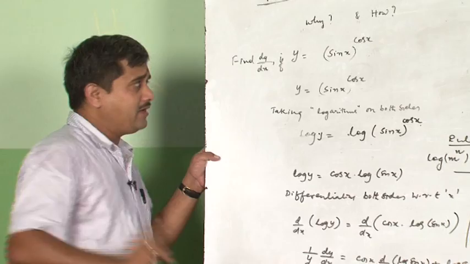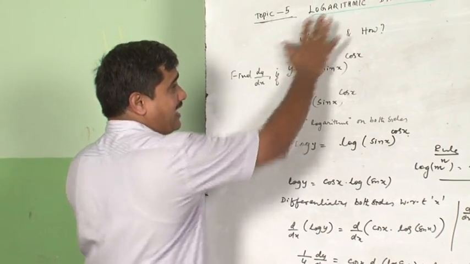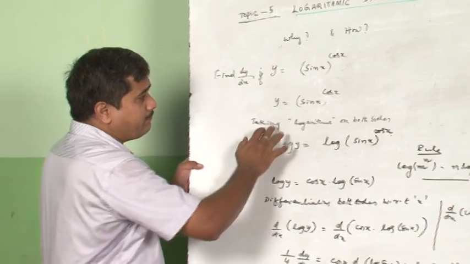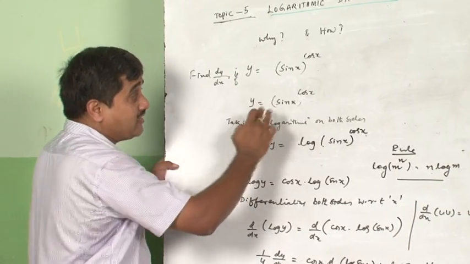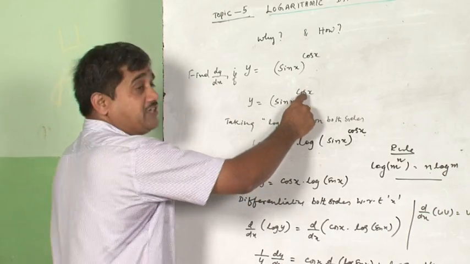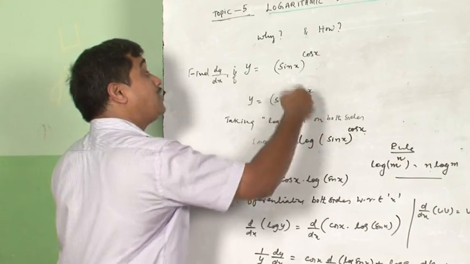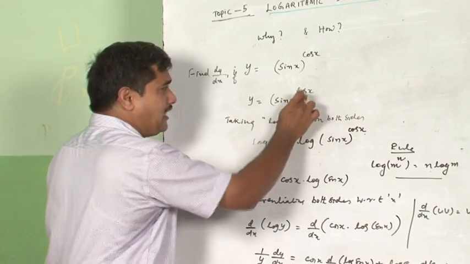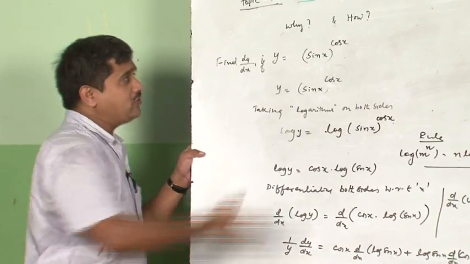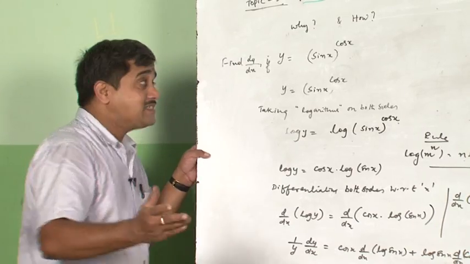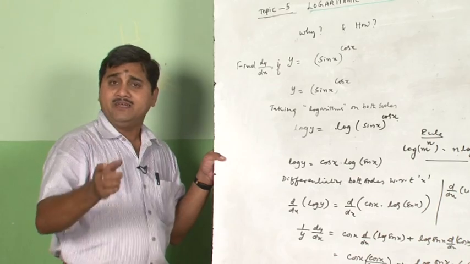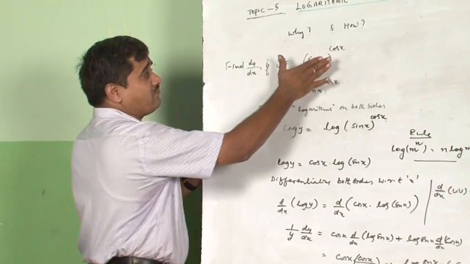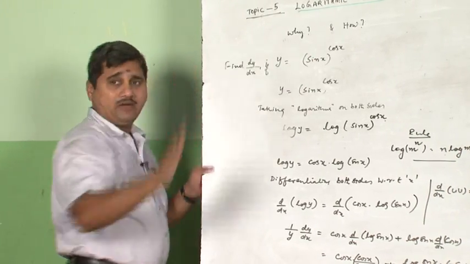So, please remember, logarithmic differentiation has a very prominent role in differentiating functions of this kind, which have exponential functions, like sin x to the power of some other function. Had it been a number, perhaps I would not have bothered to go for logarithm. Since it is not a number, I am supposed to take it down, and only then can I complete the differentiation. Please remember, this is the vital area which you have to focus on a lot.